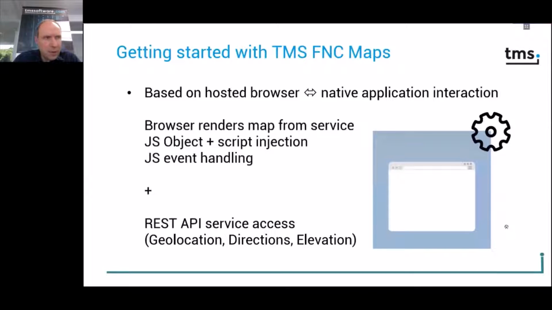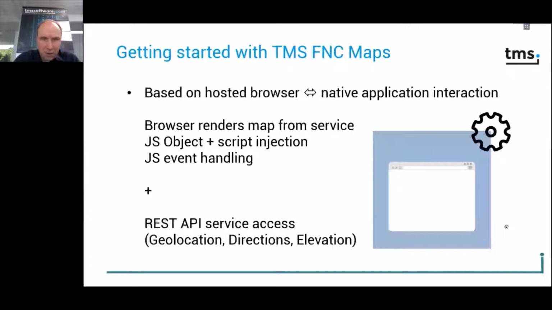And of course, interaction is offered, and that interaction is offered in a bidirectional way, meaning that the native application will perform script injection and execute code that is triggered from the native application inside this hosted browser.